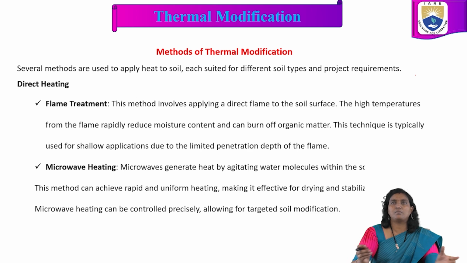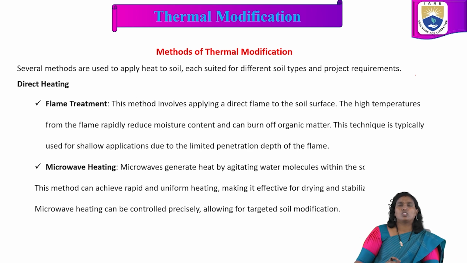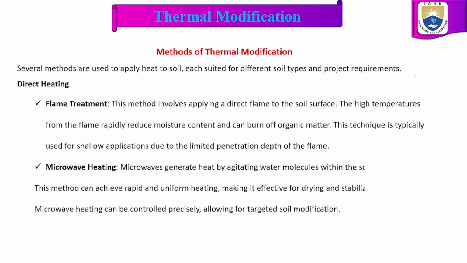Flame treatment is direct flaming of the soil surface. This method involves applying a direct flame to the soil. The high temperatures from the flame rapidly reduce moisture content and can burn off organic matter also.